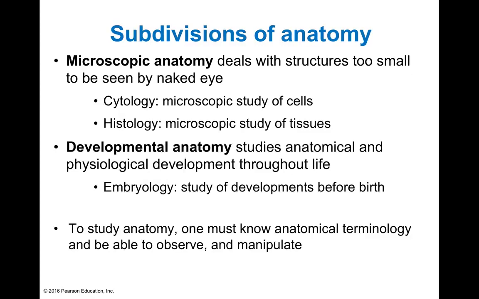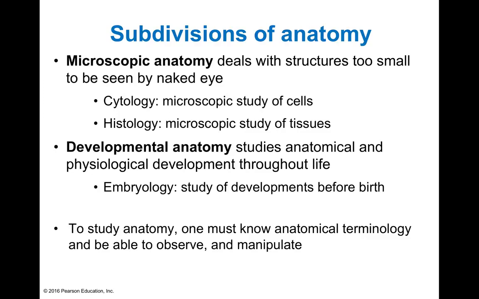Now, when we're talking about anatomy in a microscopic sense, the word microscopic is a big hint. These are structures small enough that they are not visible with the naked eye, and as a result, you probably need some sort of equipment, typically a microscope, to carry out the activity of anatomy.